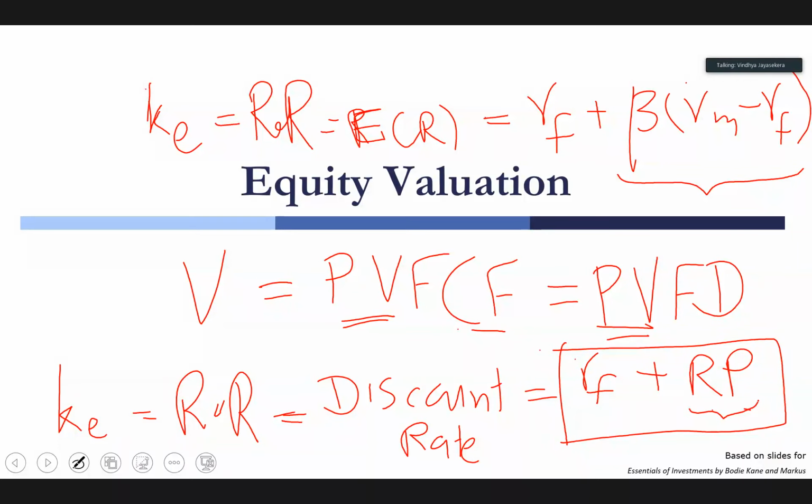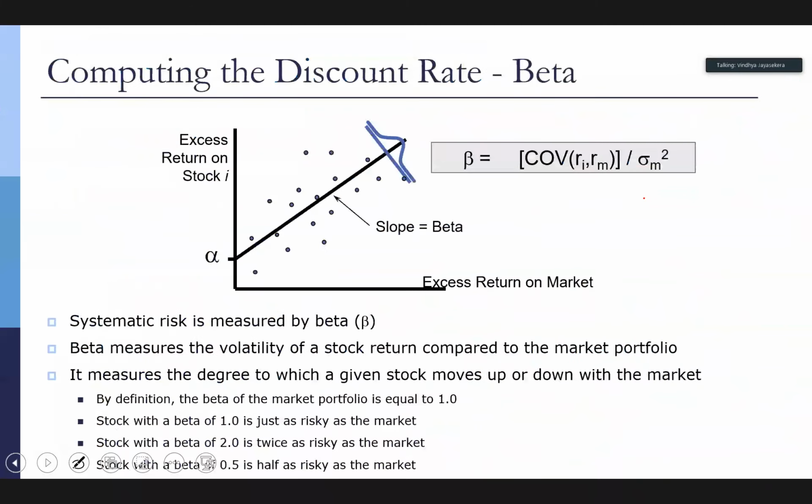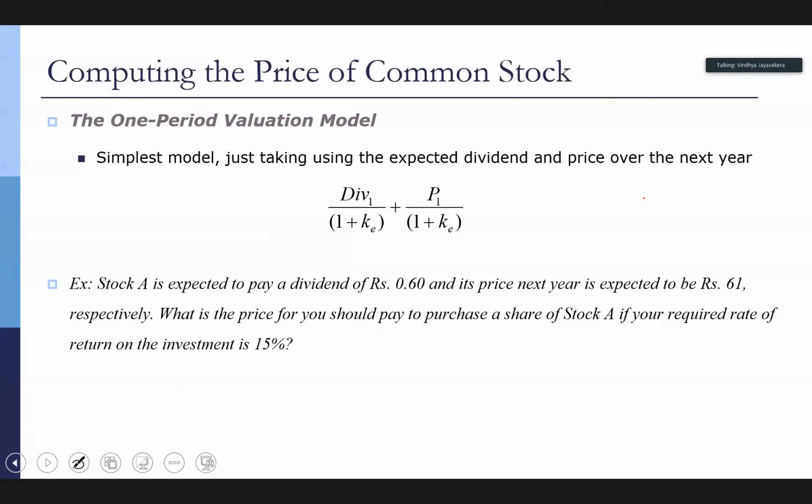So beta is what? Beta is how sensitive my stock is compared to the market, versus RM minus RF, which is my excess returns over the market. Using that, we spoke about a one period model.